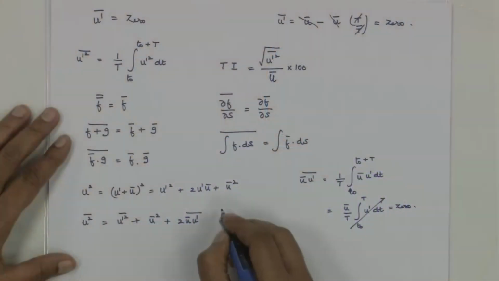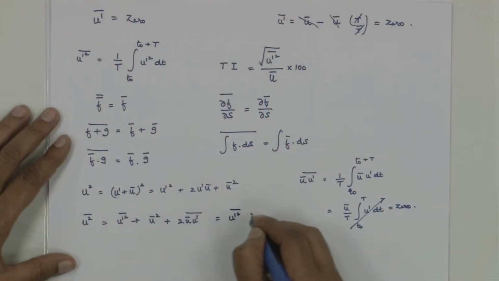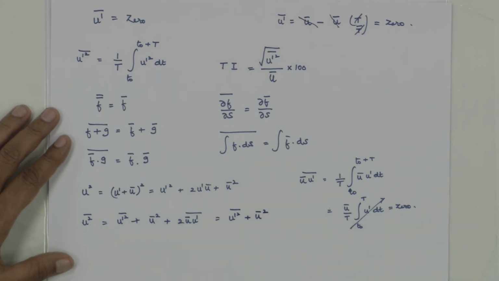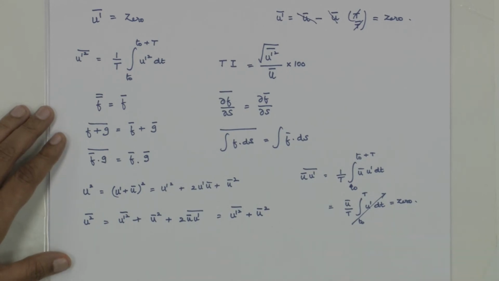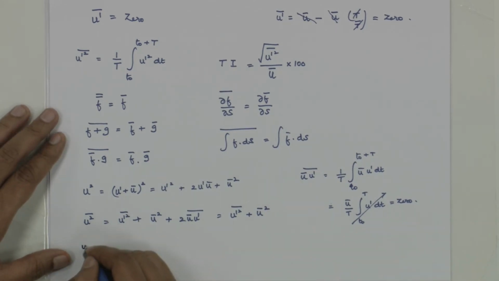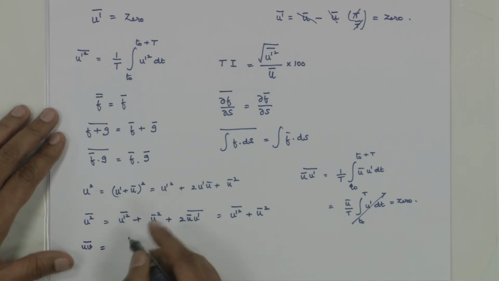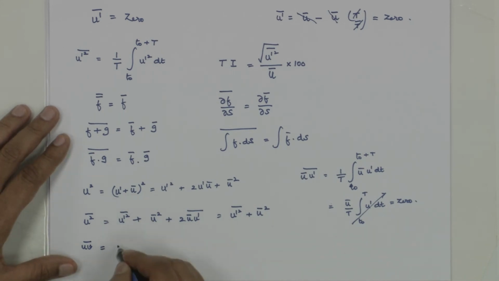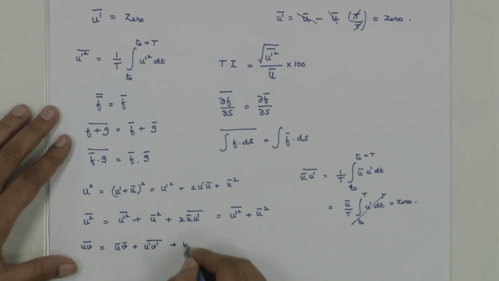So you will end up getting only u prime squared bar plus u bar squared. Similarly, uv bar is equal to u bar v bar plus u prime v prime bar plus u prime v bar bar plus u bar v prime bar, but the last two will get cancelled out, so you are ending up with only u bar v bar plus u prime v prime bar.